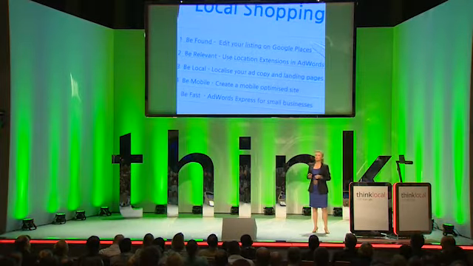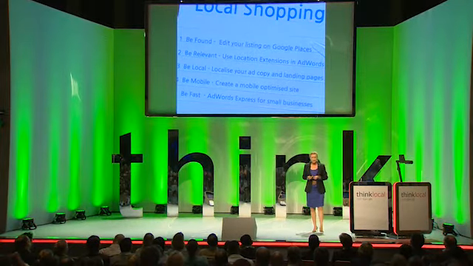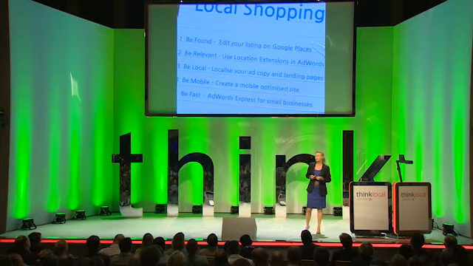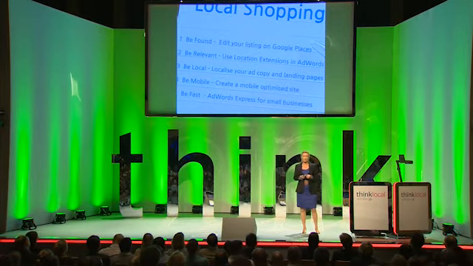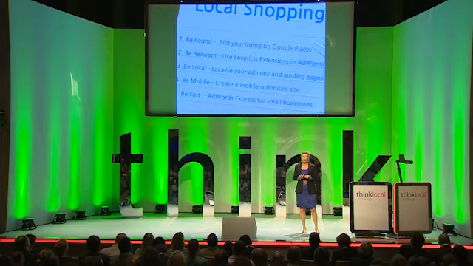So the next point is to be relevant. When users are searching on Google Maps or on Google, you want to make sure that the information they find about you is as relevant as possible to what they're looking for. One of the things you can do today is to enable location extensions in your Google AdWords ads. These take the business address from your Google Places account and apply it to your existing AdWords accounts.